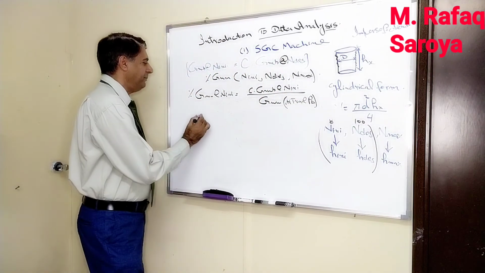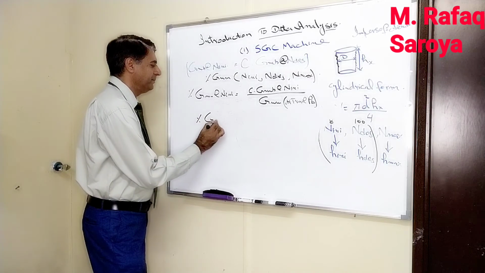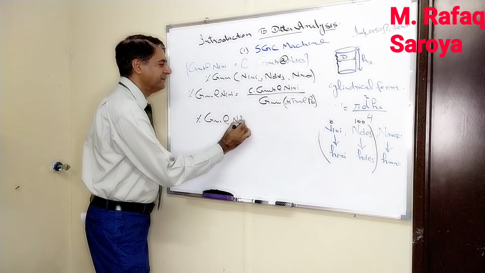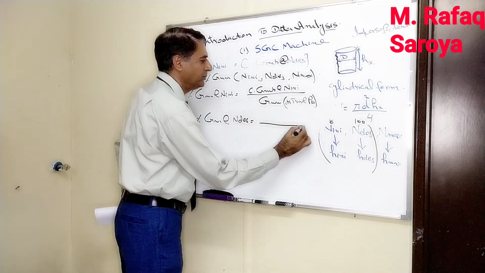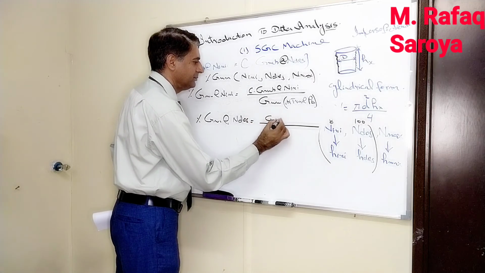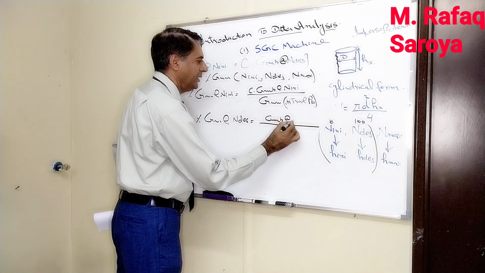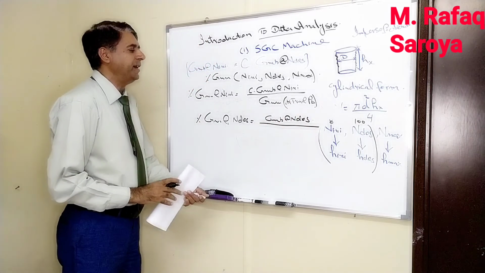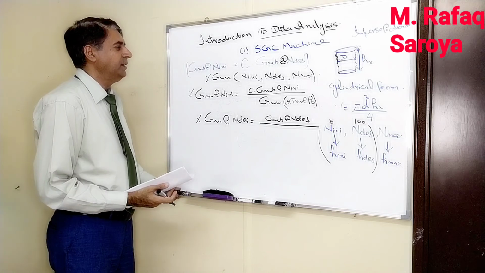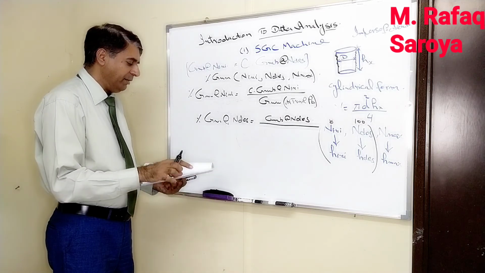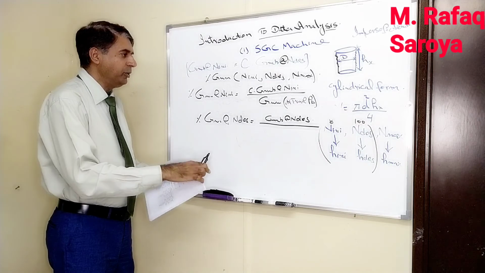Similarly, the second one, percent GMM at N design, is equal to GMB at N design, because this is for this design value, divided by this GMM, which we have already considered over here.